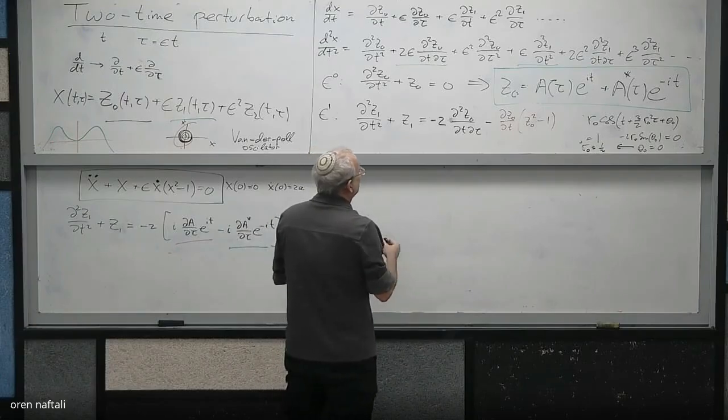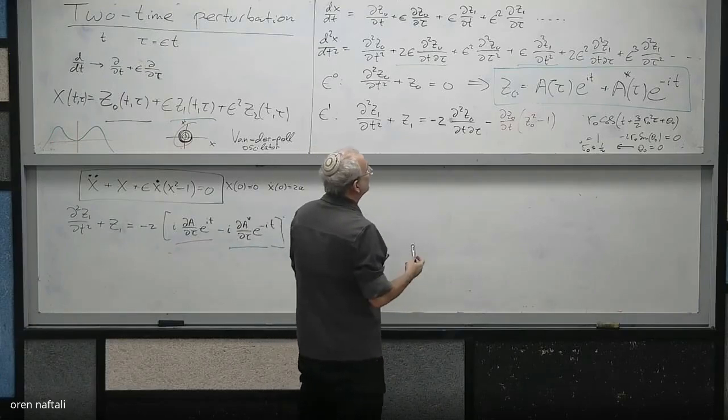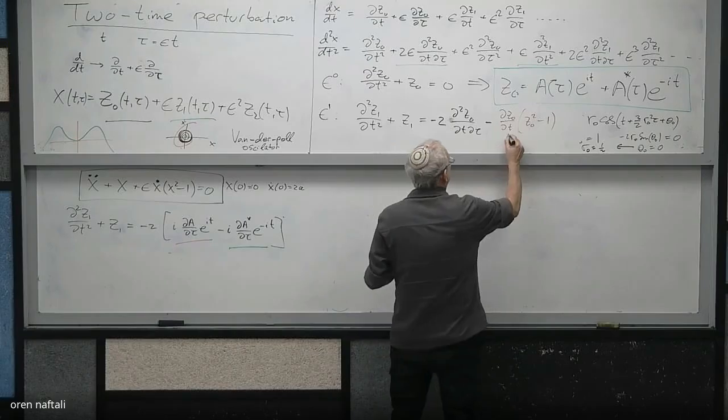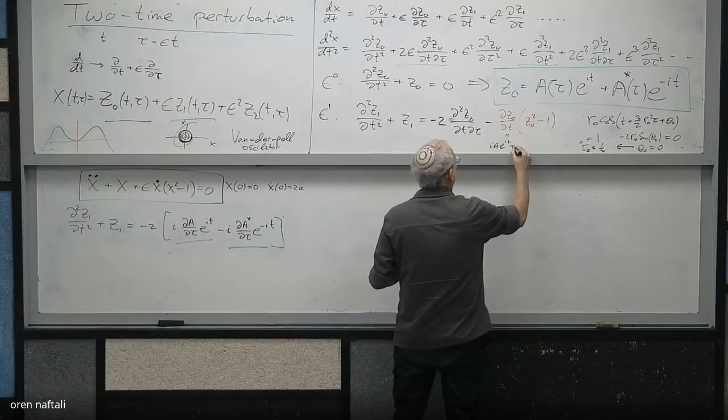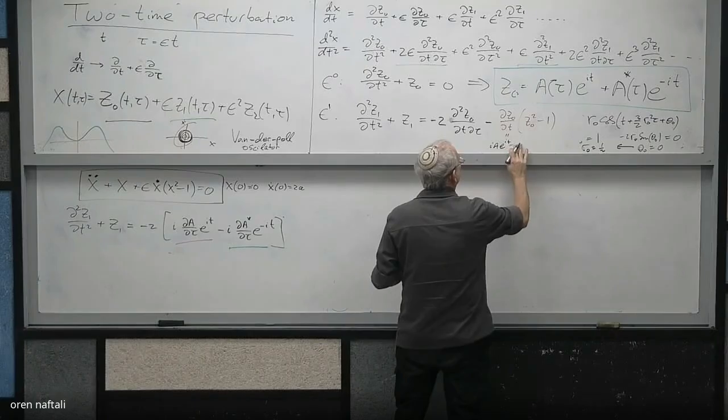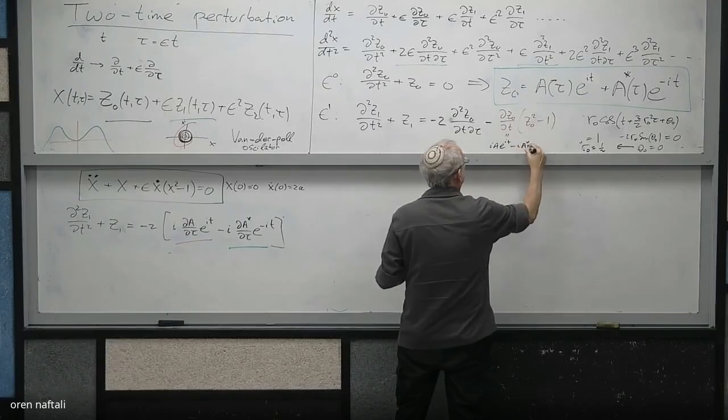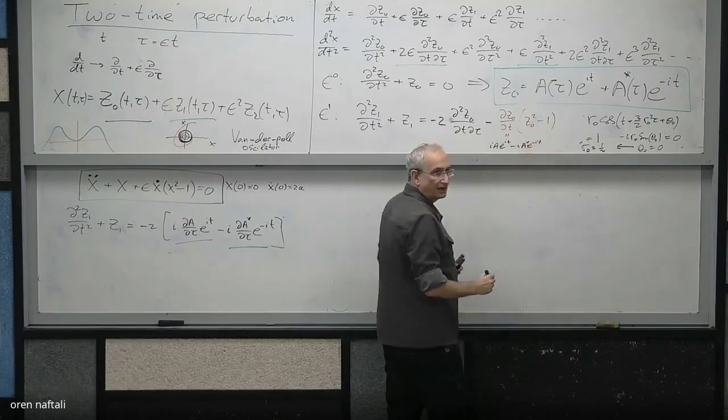So let's start. So dz naught/dt. This is iA e to the it minus iA star e to the minus it, right?